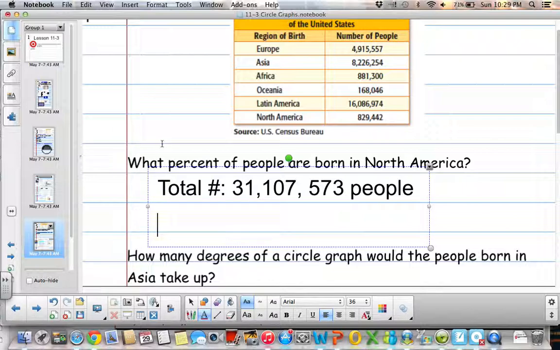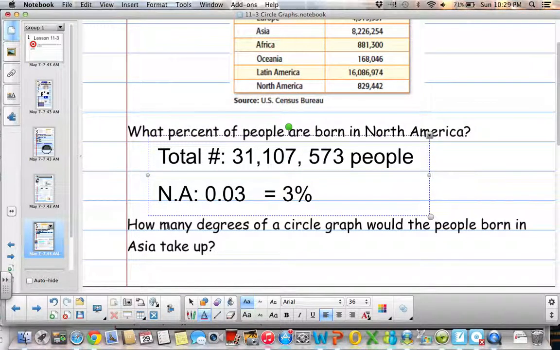Then you would take the number of people in North America, which is 829,442, and divide it by 31,107,573. After you divide it, it is approximately 0.03, which equals 3%.